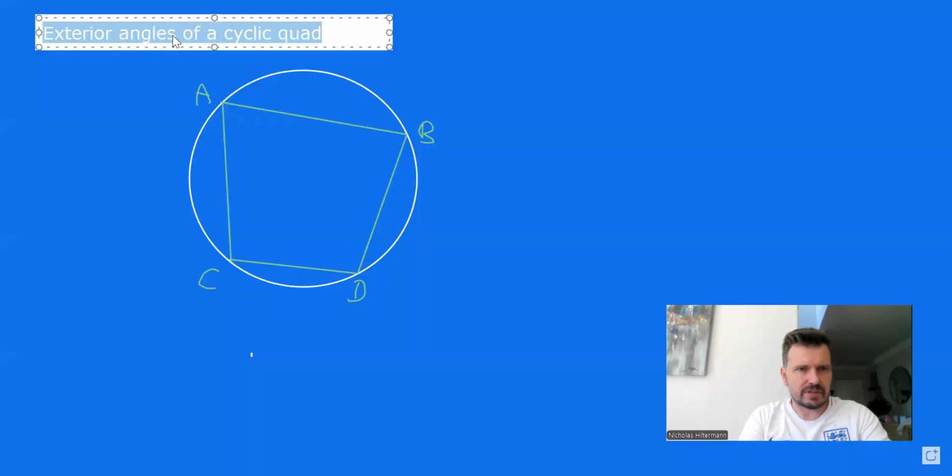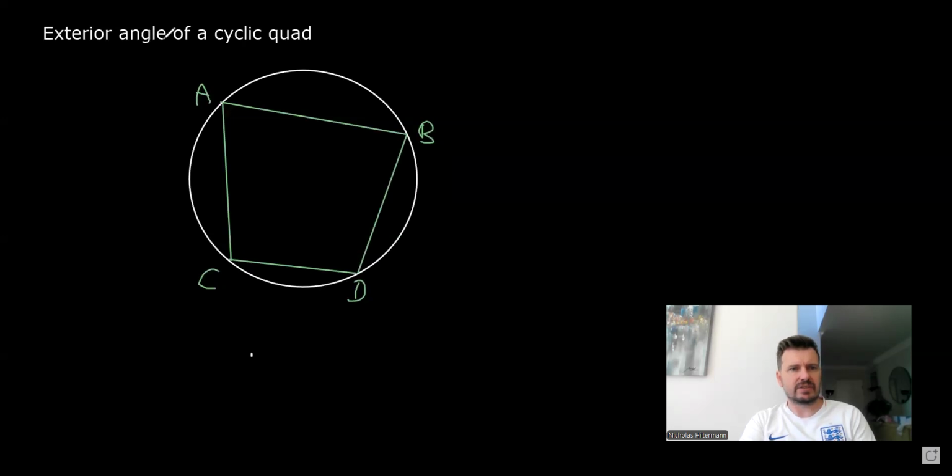The only difference here in the wording is instead of writing angles, you must write angle. So you don't write angles, just write angle. The subtle difference comes from the fact that we're actually just looking at the exterior angle.